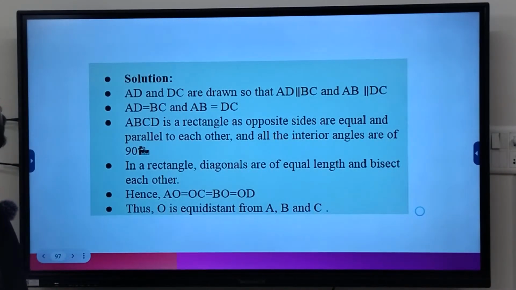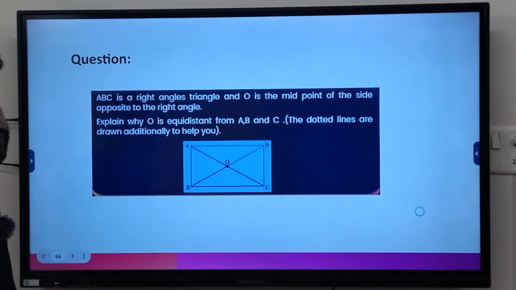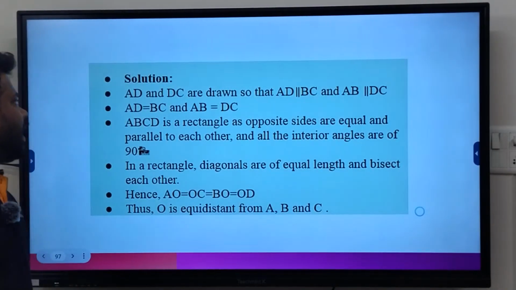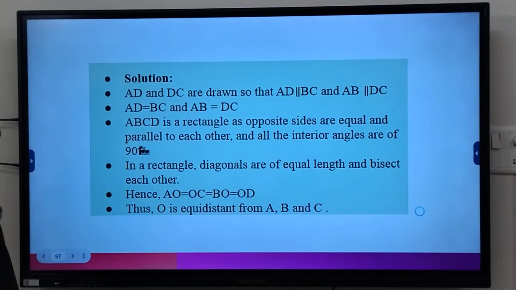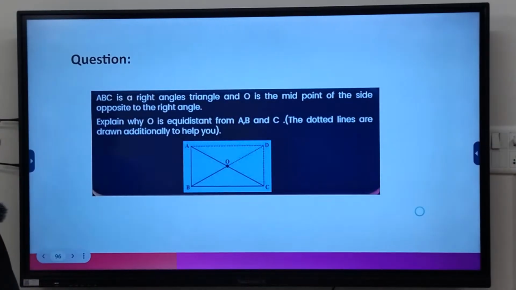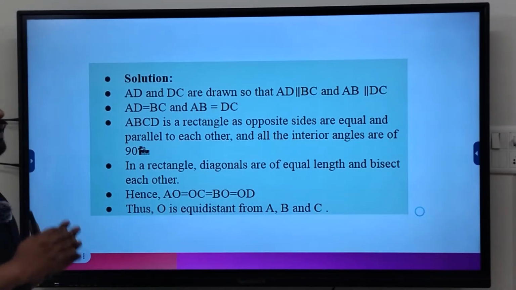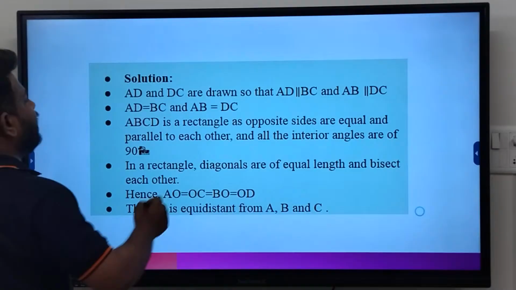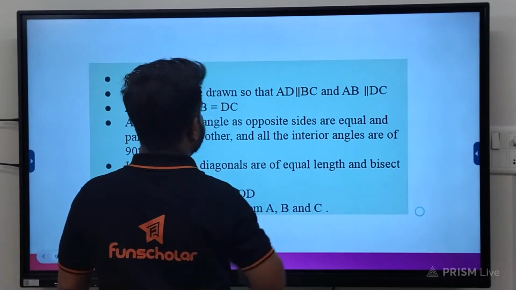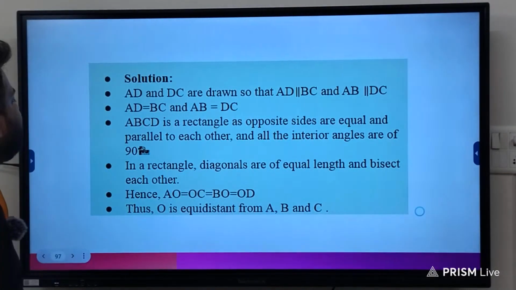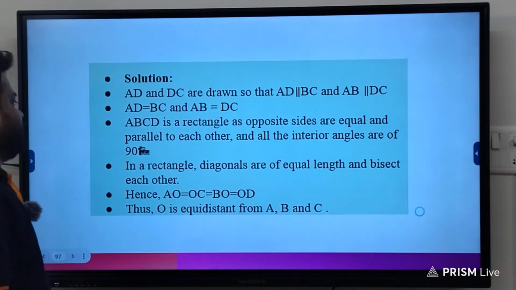Okay, so this is a theoretical question, and AD and DC are drawn so that AD is parallel to BC and AB is parallel to DC, and AD equals BC and AB equals DC.